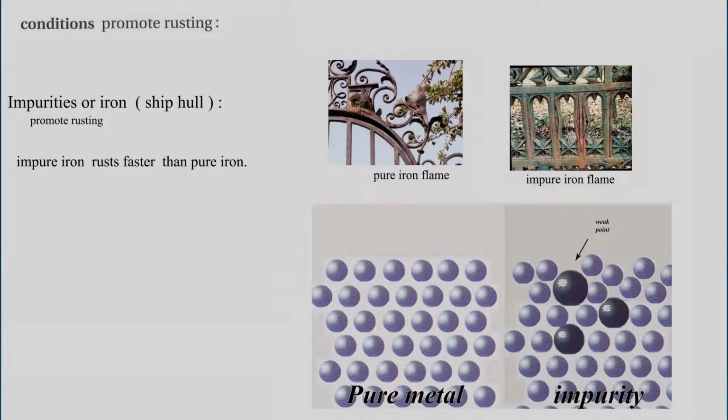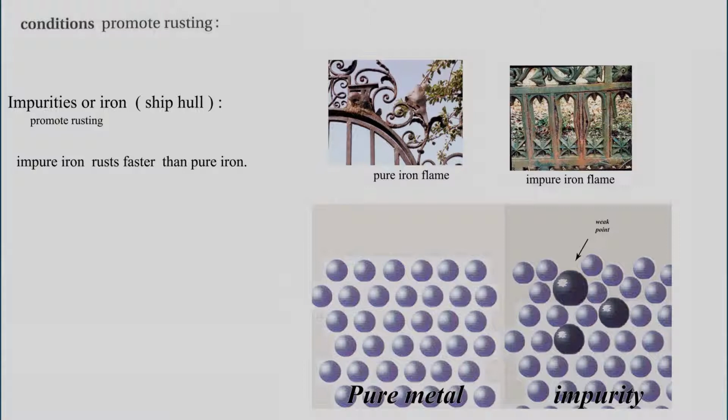Impurity of the iron also will promote rusting. You will find that impure iron rusts faster than pure iron. On the top picture, those are pure iron frames, and you see that in England. In England, there's a lot of beautiful pure iron grill.